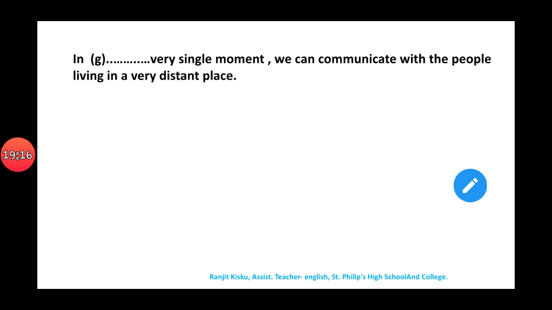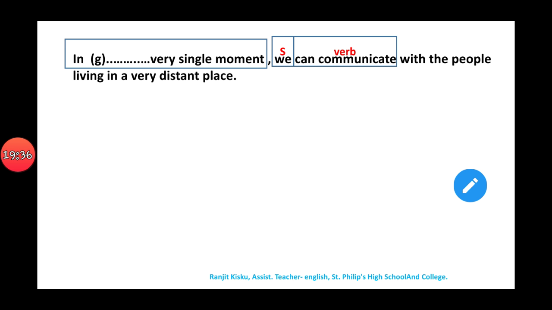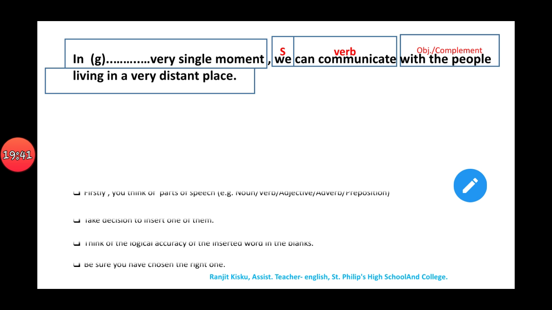And one more sentence: in dash very single moment we can communicate with the people living in a very distant place. So we can see first we got a phrase, then we have subject, verb part, tense verb basically, and object or complement part.